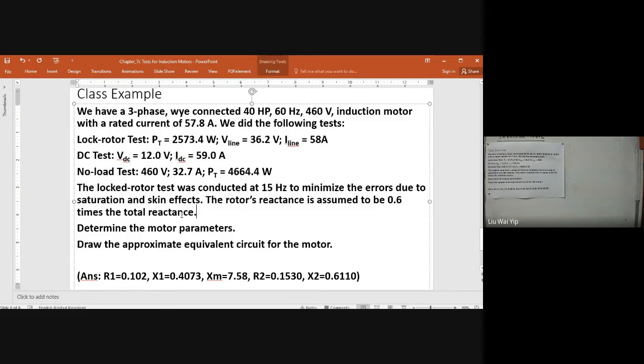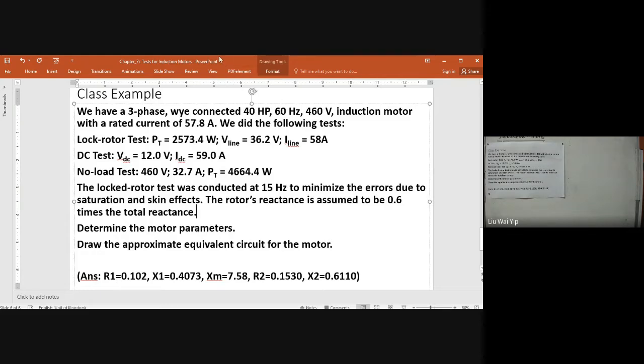So if we assume the rotor reactance to be 0.6 times the total reactance, like in this case, then eventually we need to make such adjustments in our answer to this problem. And then we determine the motor parameters and draw the equivalent circuit. So let's go.